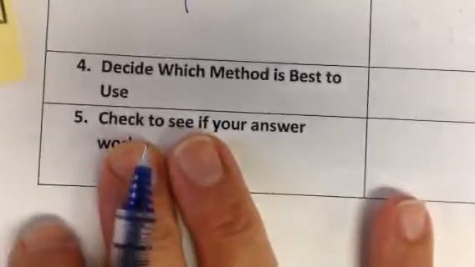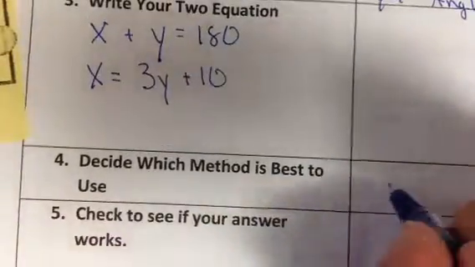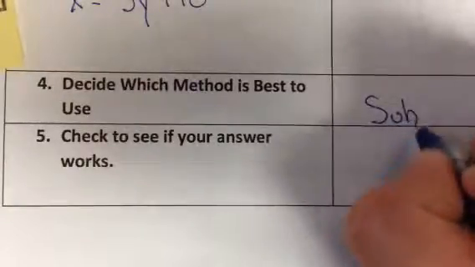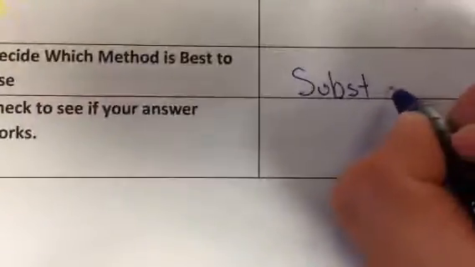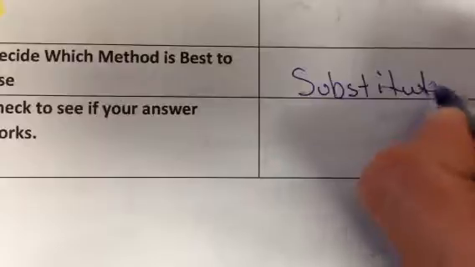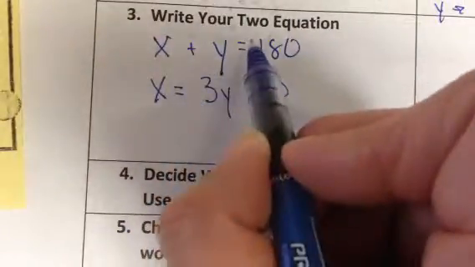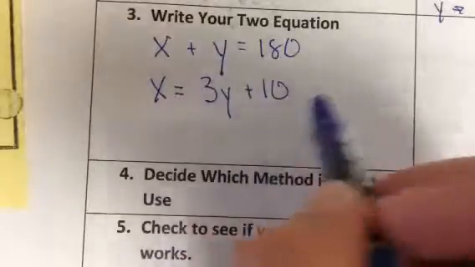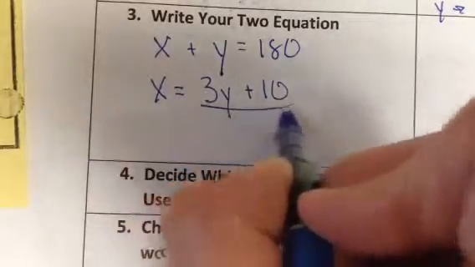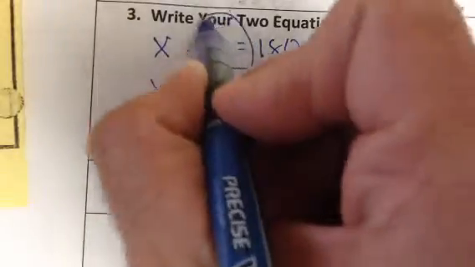So as far as which method is best to use here, I would do the substitution because it is not lined up. The x's are lined up, but the plus is lined up with an equal, and the equal is lined up with the plus. So use the substitution. So use the fact that x equals all of this and put it in there.